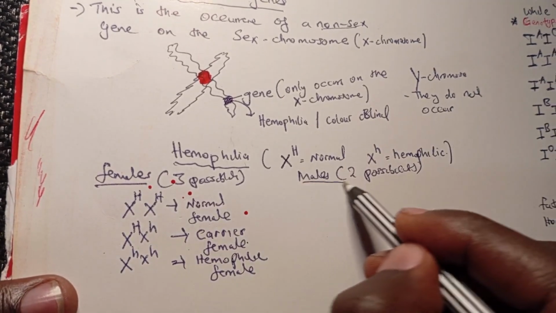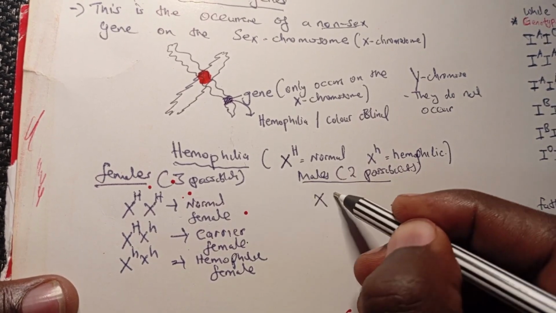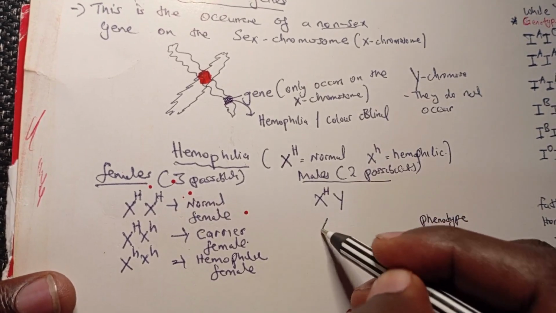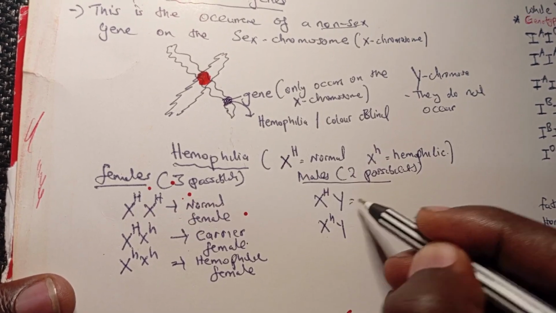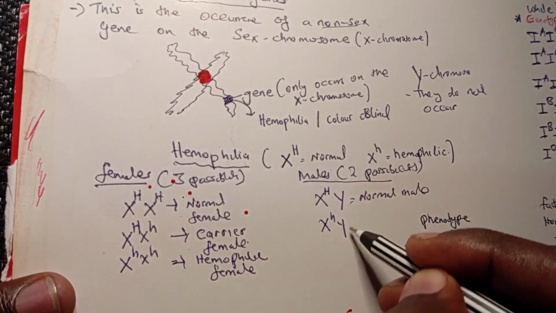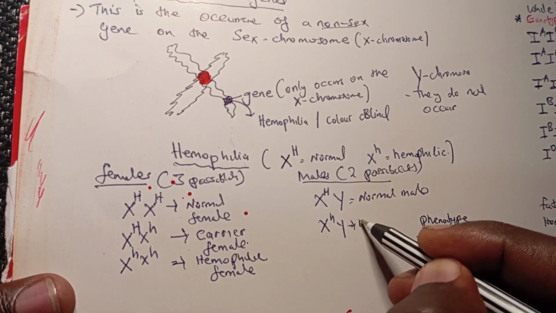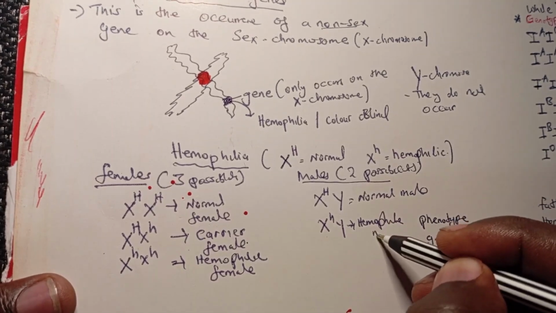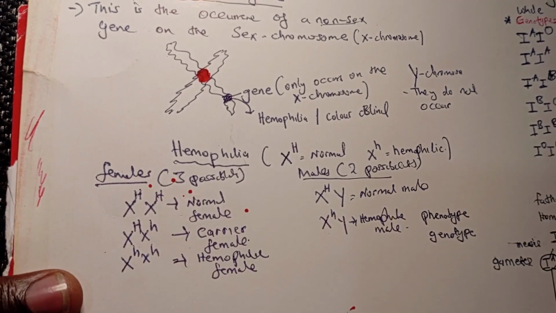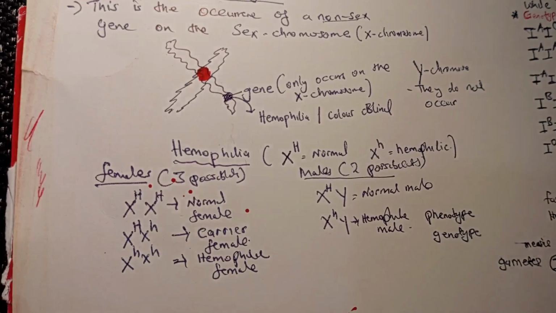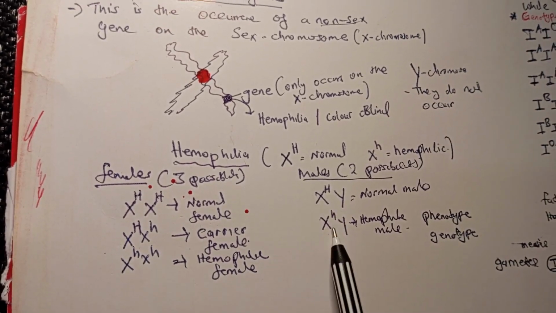But under the male, there are only two possibilities, because hemophilia only occurs on the X chromosome. You are either normal or you are hemophilic. So this is a normal male, and this is a hemophilic male. So for males, there are no carriers.